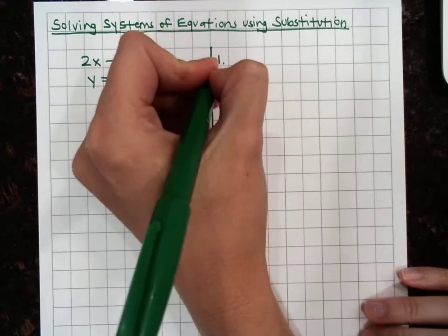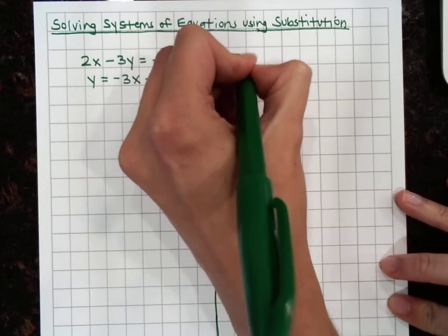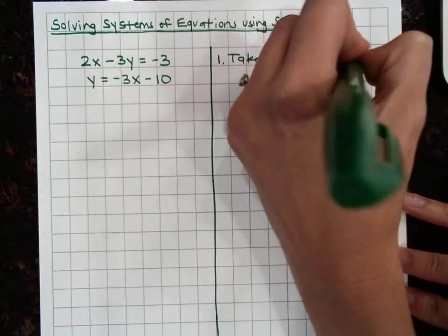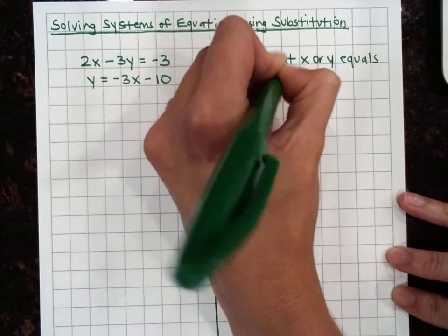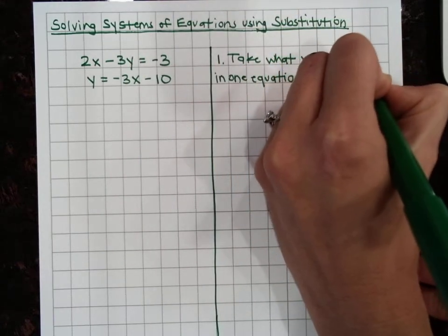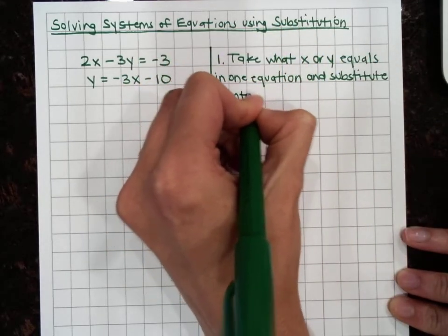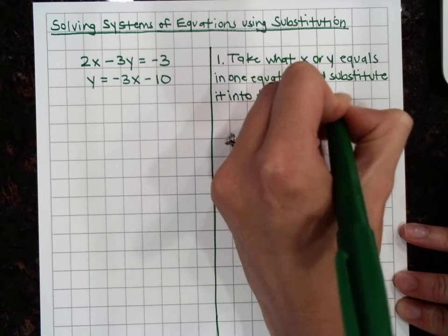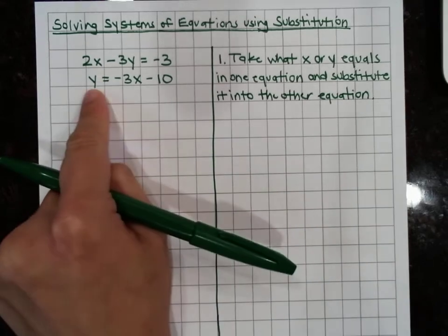So what you're going to do is take what x or y equals in one equation and substitute it into the other. Okay, so we know what y equals.